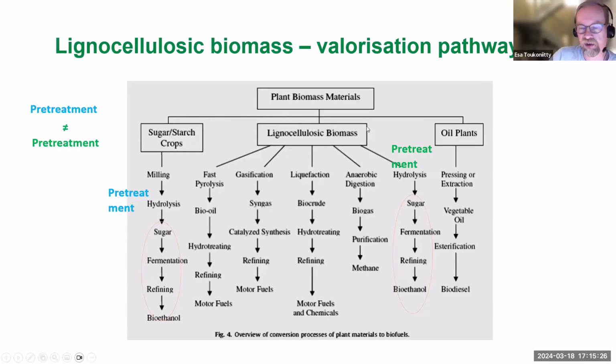And if we go to the lignocellulosic side, here it's also hydrolysis, the products are the same, bioethanol in both, but because the starting material is different, the potential pre-treatment steps and methods are also different. So although the word hydrolysis is in both and it's a pre-treatment, it doesn't mean that they are identical.